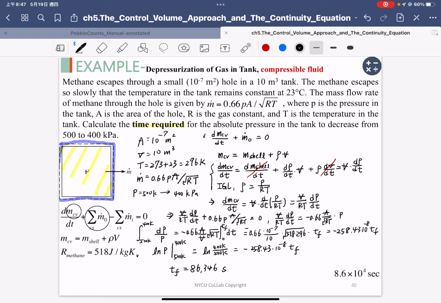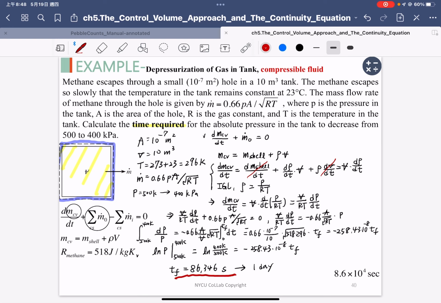Okay, so this is almost equal to 1 day. This is almost equal to the 1 day time to estimate the masses, and the pressure inside the tank will start from the 500 kilopascal to the 400 kilopascal. Okay, so this is the question.